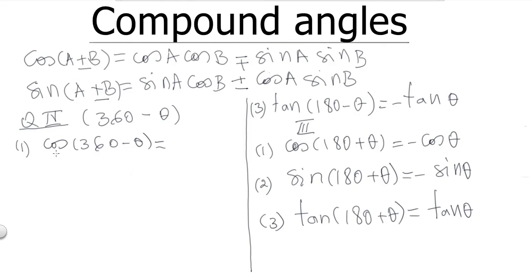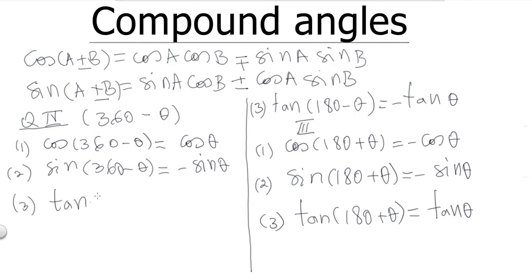All right. Fourth quadrant, cos is positive. So we keep cos and we put theta there. Number 2, sin of 360 minus theta. Try, pause the video. So we have minus sin theta. And number 3, we have tan of 360 minus theta.